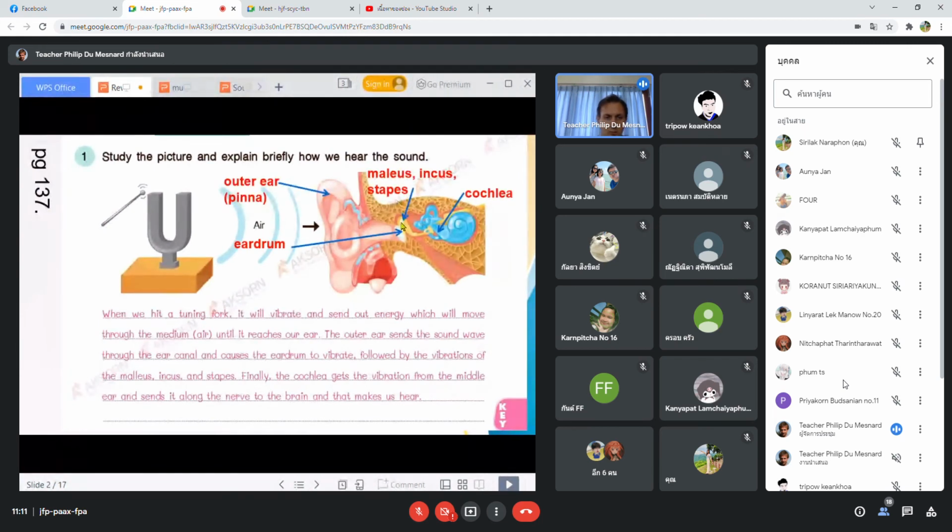There are 3 small bones, and it will transfer the sound to this blue thing, which looks like a snail, called the cochlea, and then it goes to your brain, and then you can hear the sound.